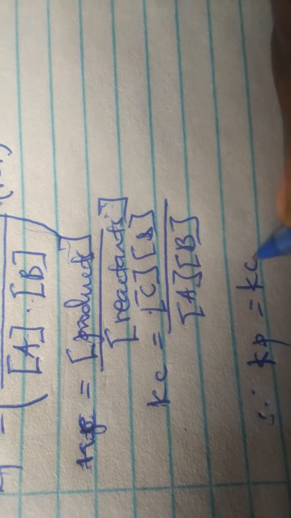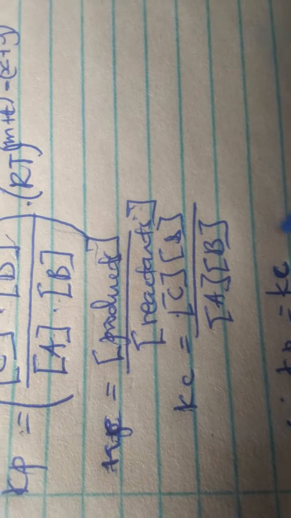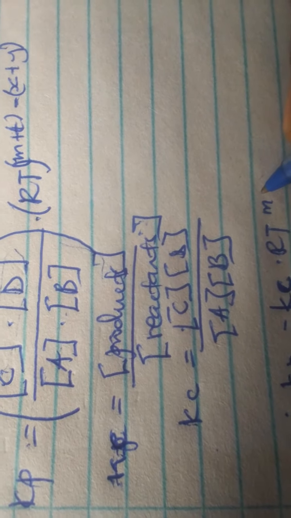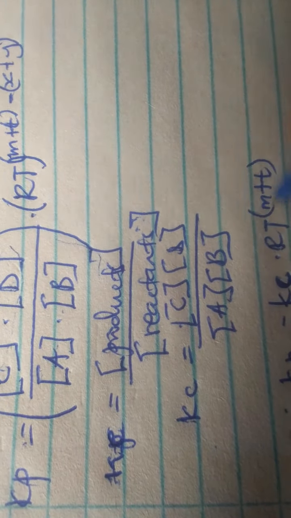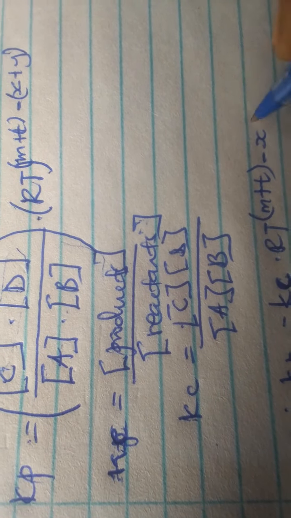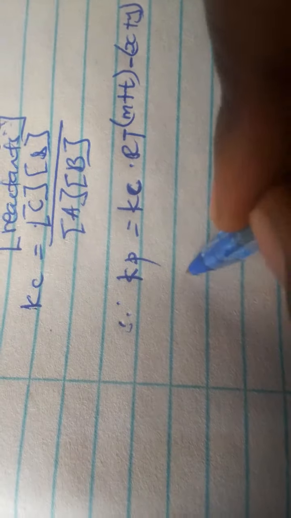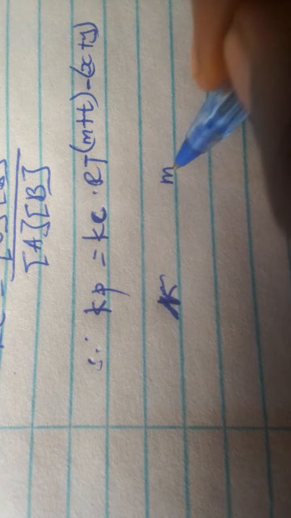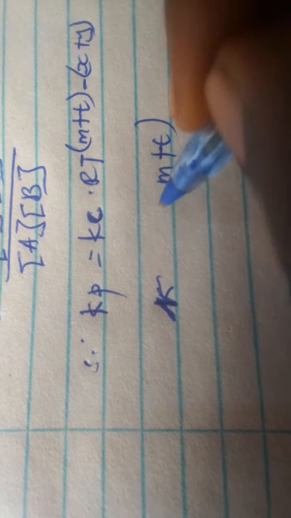Therefore, Kp equals Kc times RT power m plus t minus x plus y.